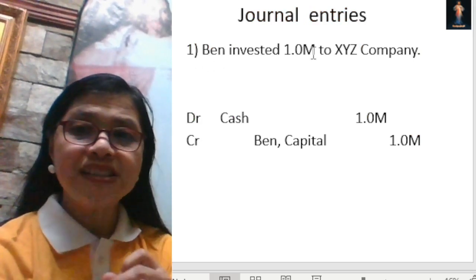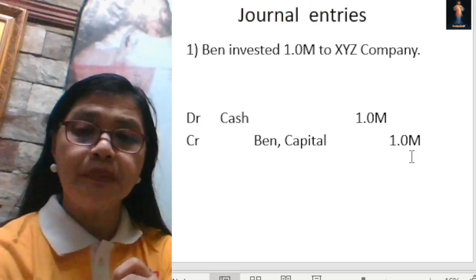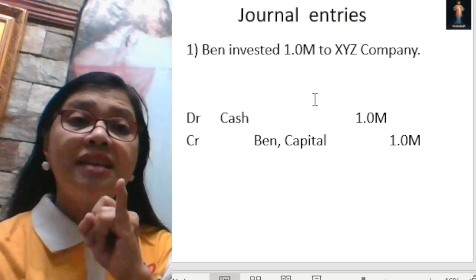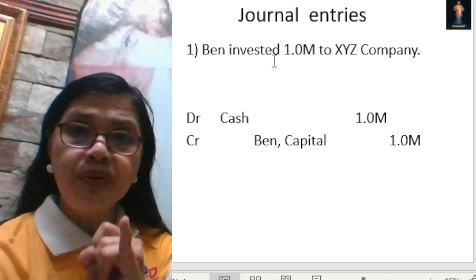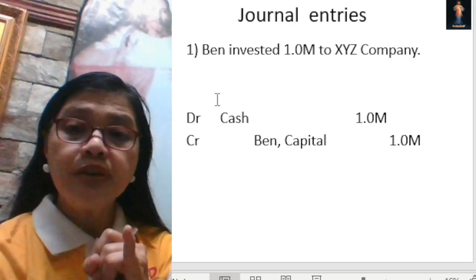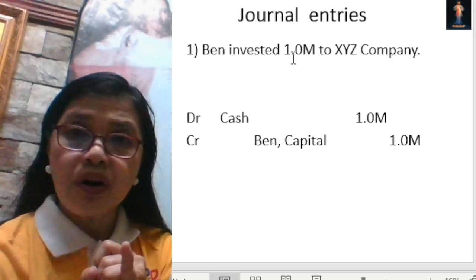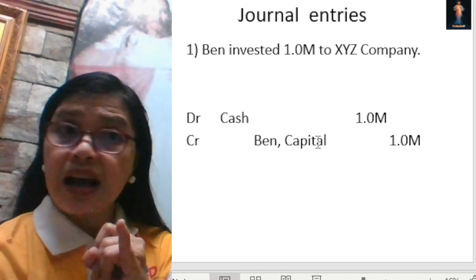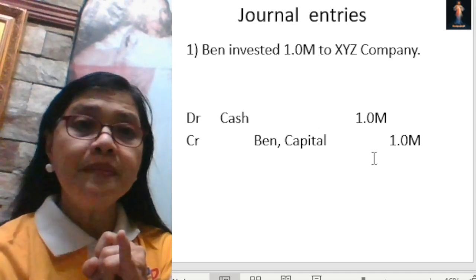So Ben invested 1 million to XYZ company. I said, what's the first thing that you will ask yourself? What are the accounts involved? So we know now from this transaction, the accounts involved are cash of 1 million and an investment or capital or equity of 1 million.